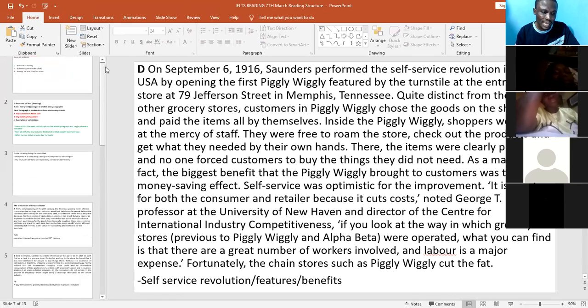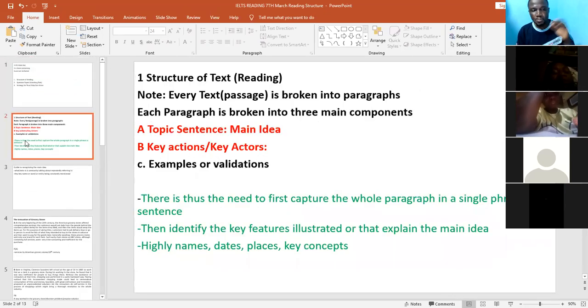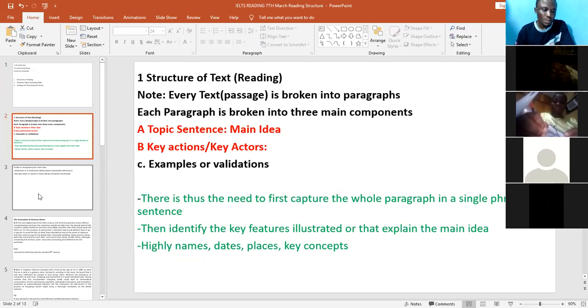So the first thing I talked about was the main idea, and I'm coming back to the explanation I gave now on every paragraph. The next thing I'm going to go into is identifying the key actions and the key actors.